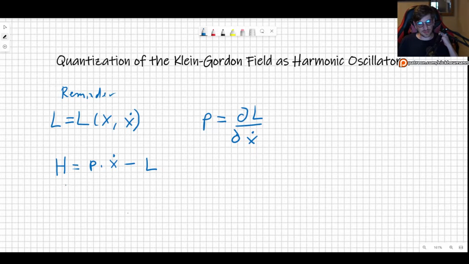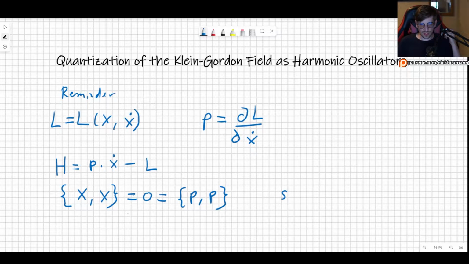Another thing you may have encountered in classical mechanics is the Poisson brackets. The Poisson bracket of x and x, for example, was 0, which is the same as the Poisson bracket of p and p, and the Poisson bracket of x and p was simply 1.